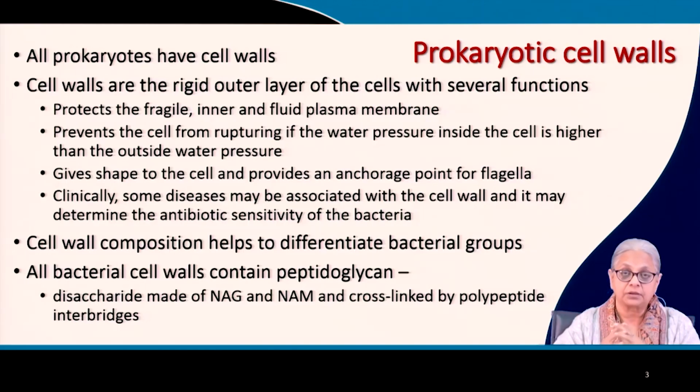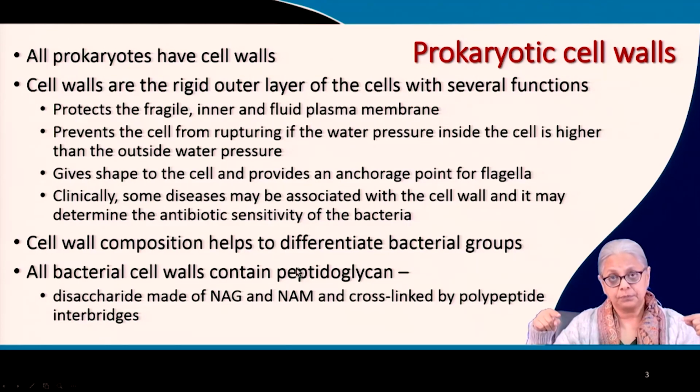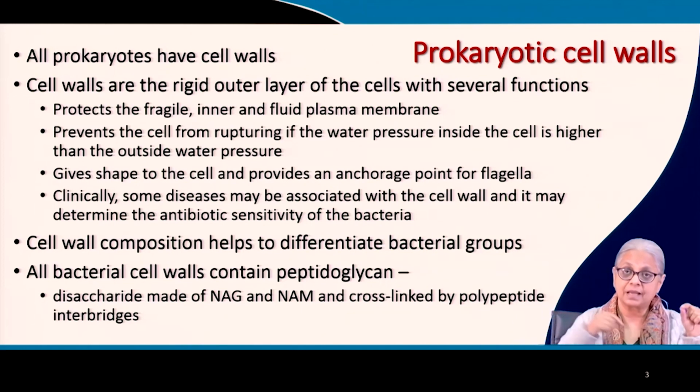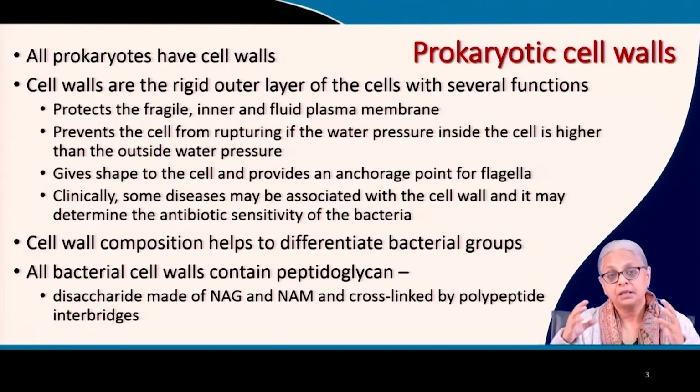So these are disaccharides that form the glycan part of it, and these building blocks form strands, and these strands are cross-linked to each other by polypeptide interbridges. Some interbridges are shorter and others are longer, and that gives identity to the bacterial species.